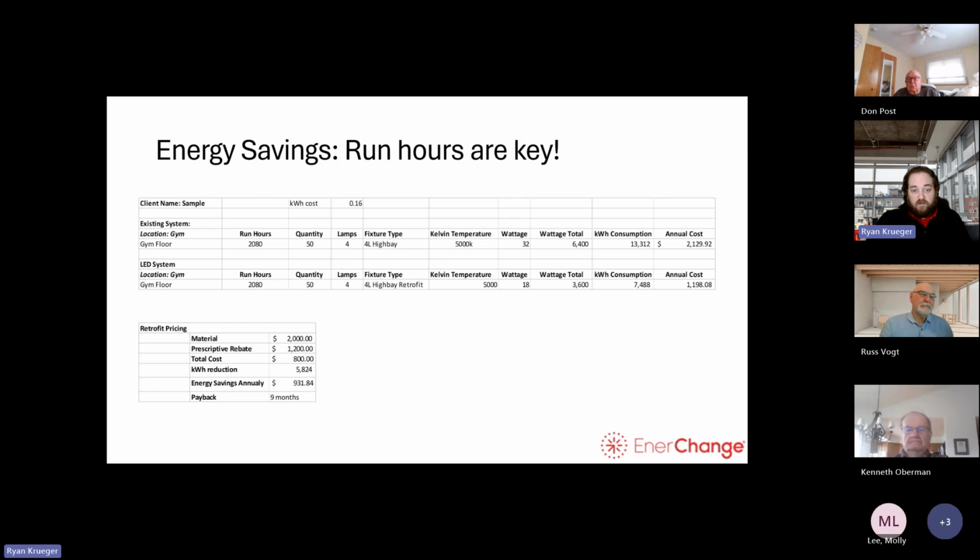For 54 fixtures, they're 4 lamp T8 tubes that are 5,000 Kelvin, 32 watts apiece, 6,400 watts total, but that total kilowatt hour consumption is 13,000. So the annual cost to run those fixtures is roughly $2,100.